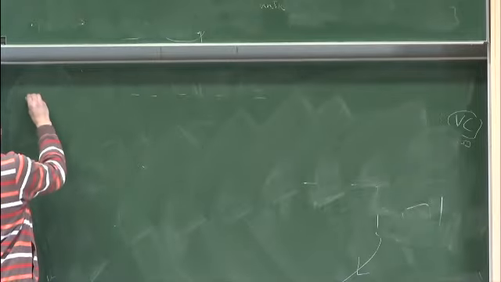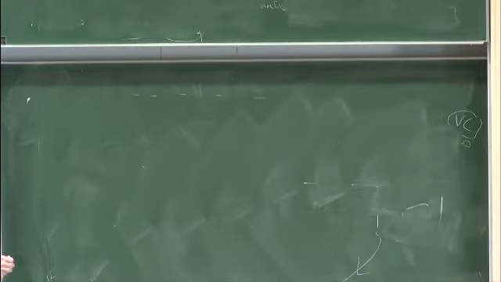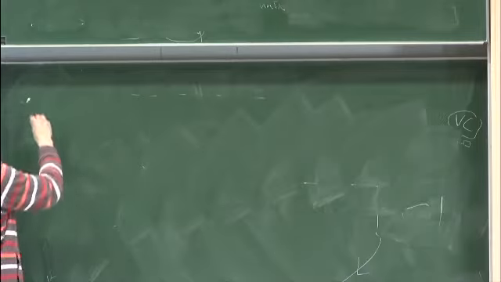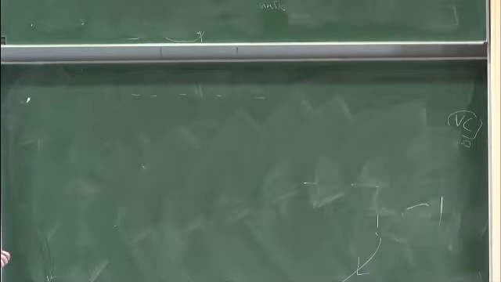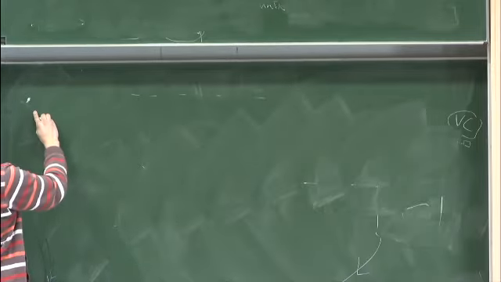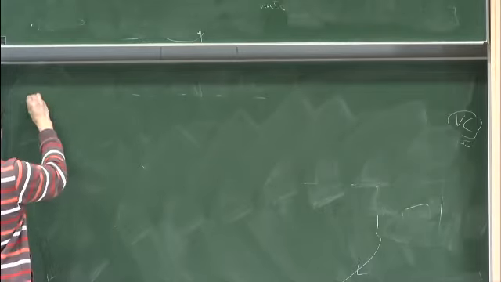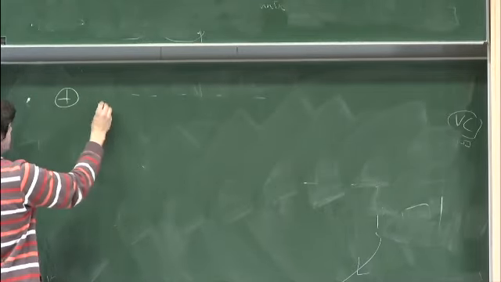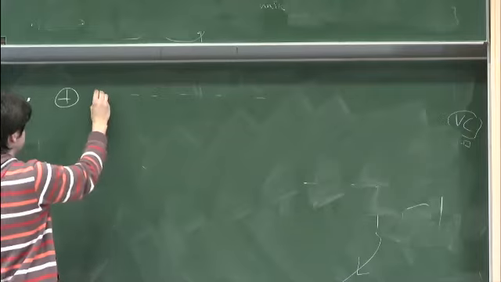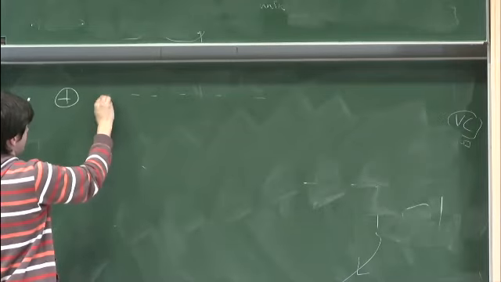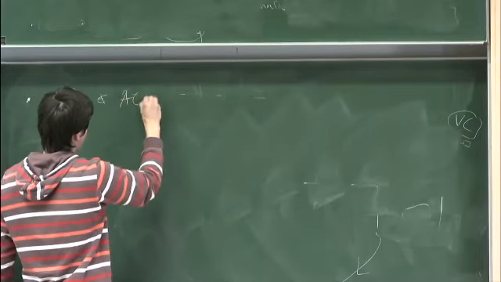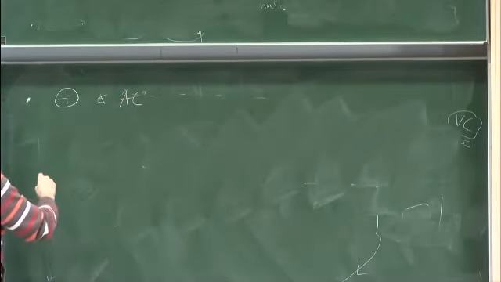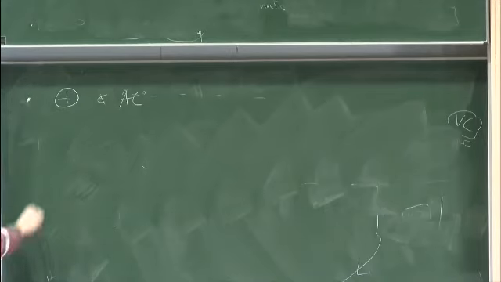And now the third example, I will look more thoroughly at it, and it's also due to Ajtai. This is about parity not being in AC0. We proceed by contradiction here.